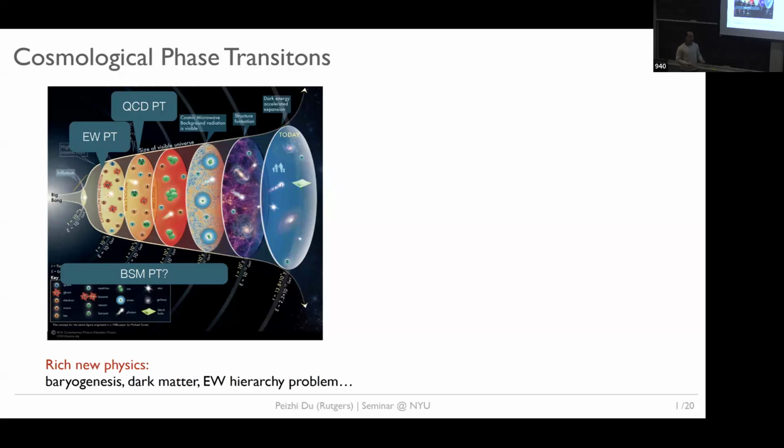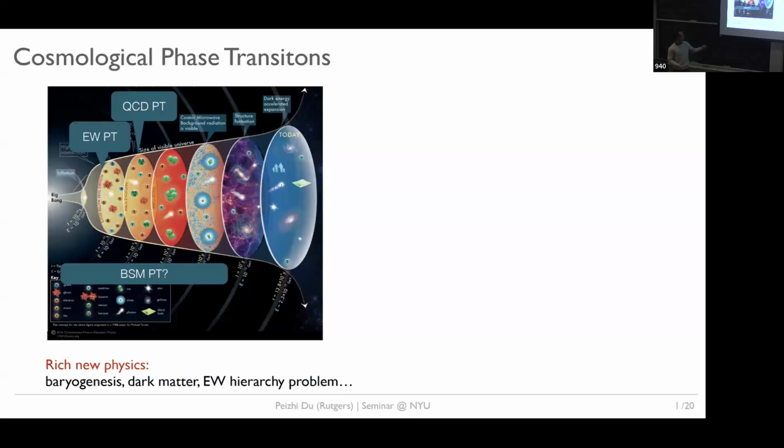And why are first order phase transitions interesting? Because they are linked to rich new physics. For example, we can make our electroweak phase transition first order by adding new physics, and we can do baryogenesis. Through electroweak baryogenesis, we can explain the baryon anti-baryon asymmetry of our universe.